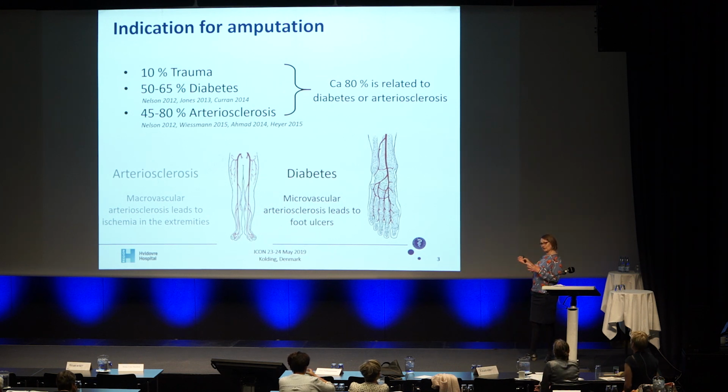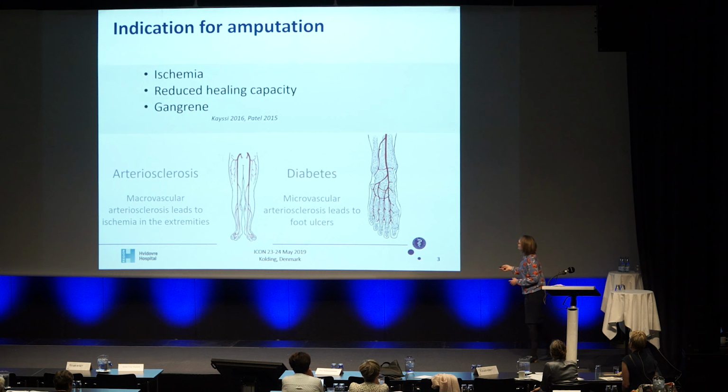Here we have to remember, patients with diabetes do always have atherosclerosis, but patients with atherosclerosis do not necessarily get diabetes. So the reason why these patients are amputated is due to ischemia and reduced healing capacity and gangrene.